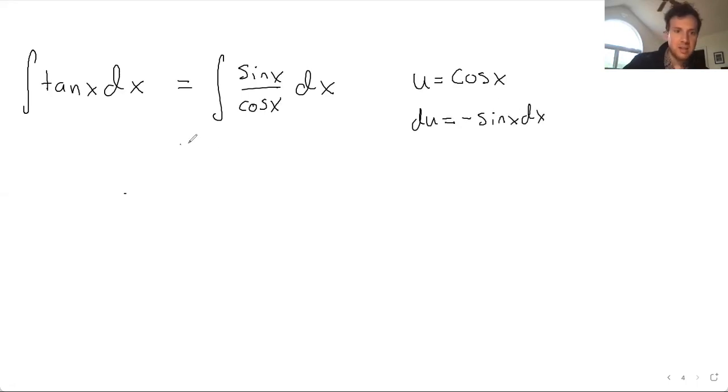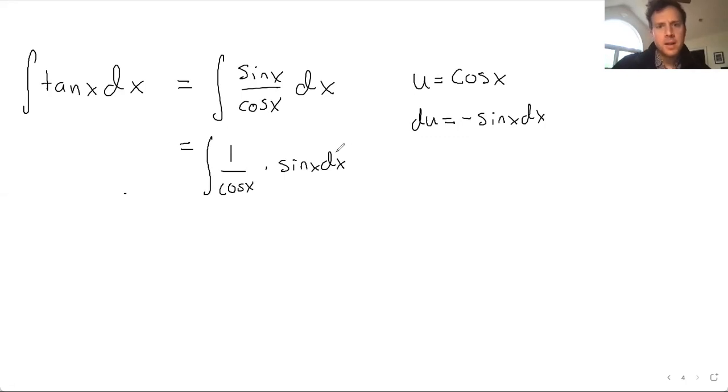And if we break this apart, sort of rewriting it into the pieces that we're going to be substituting with, we have 1 over cosine, and then we have sine x dx. And so now this is set up, except for this minus sign, to actually do these substitutions.